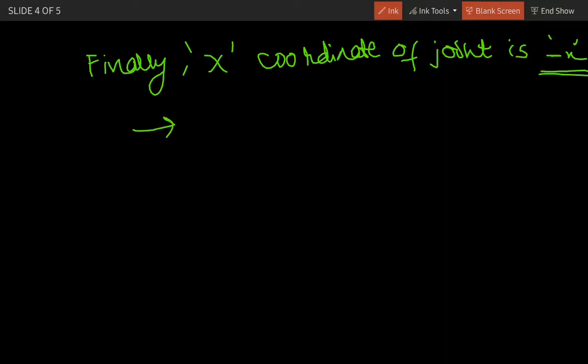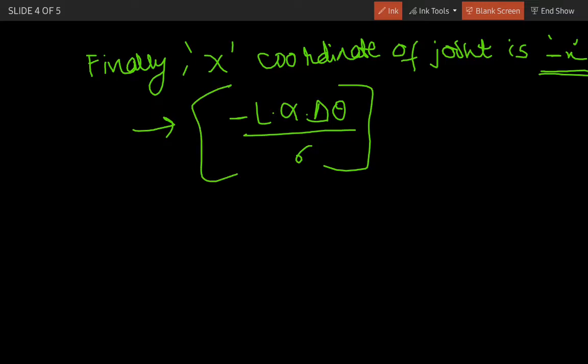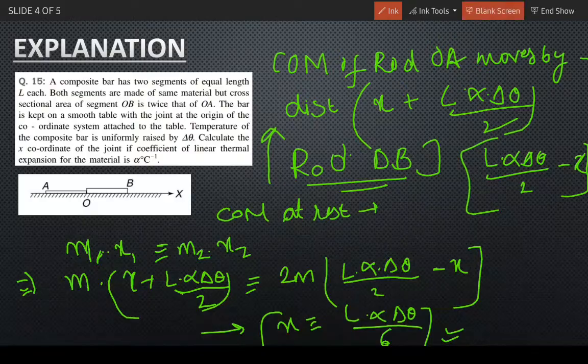So finally x coordinate is minus L alpha del theta by 6. So we have reached our final step and we have found the final solution to the question, as we needed to calculate the x coordinate of the joint.